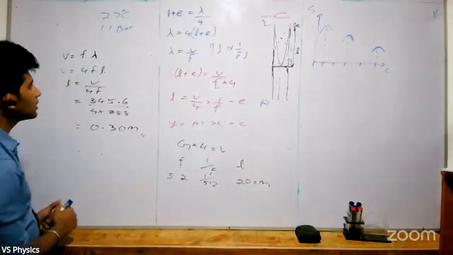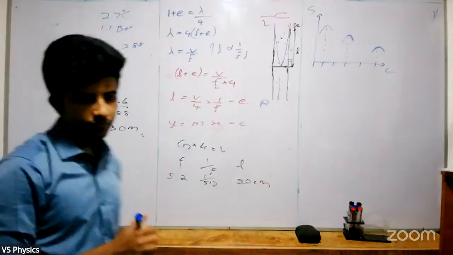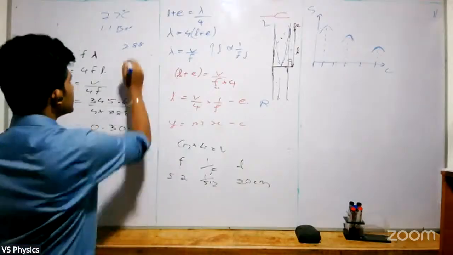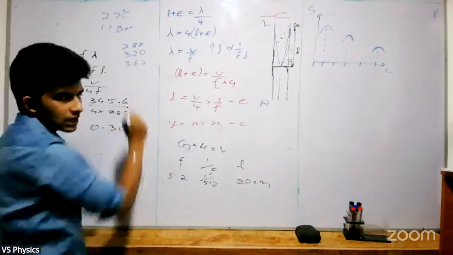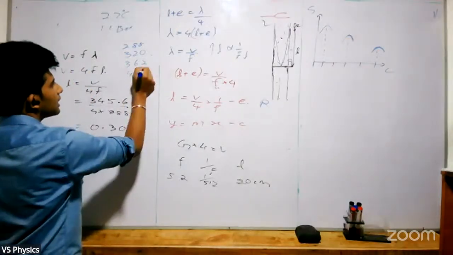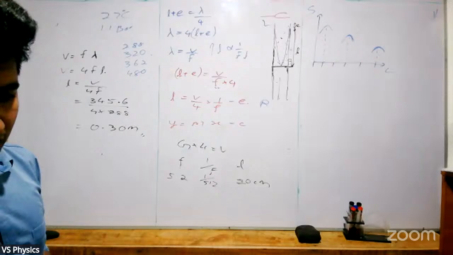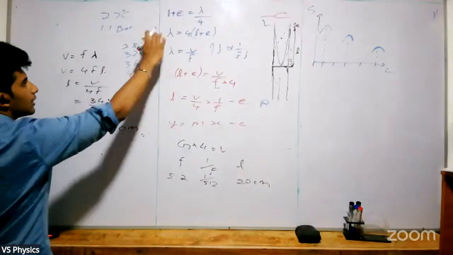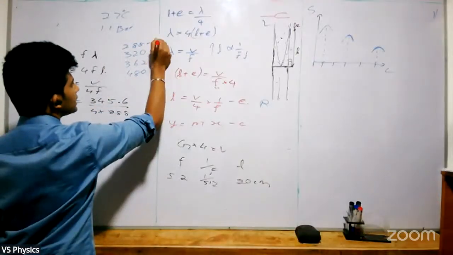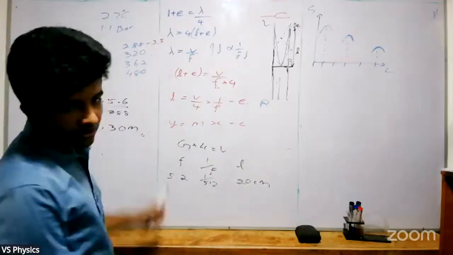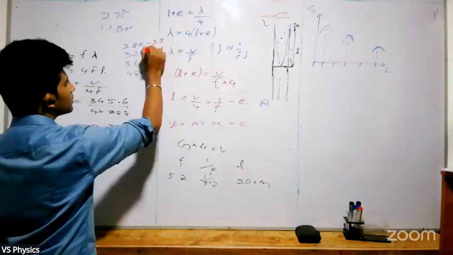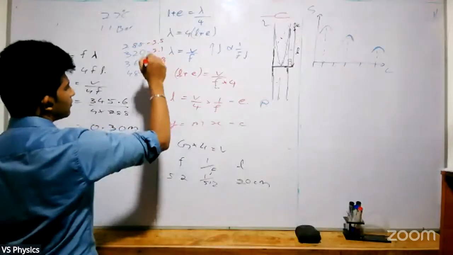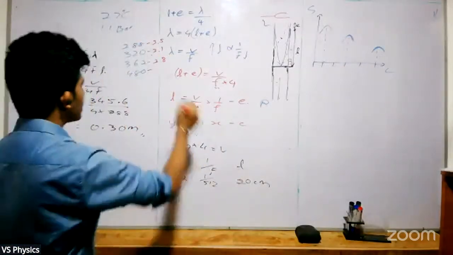We have 288, 320, 362, 480. For these, the 1 over F values are given as 3.5 for 288, 3.1 for 320, 2.8 for 362, and 2.1 for 480.